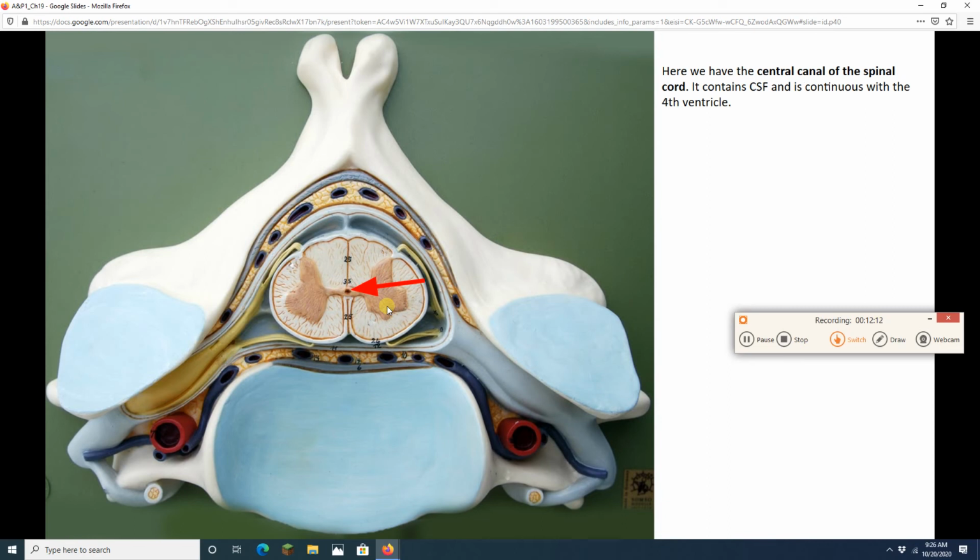In the center of the gray commissure, we have the central canal of the spinal cord, which is going to come up and connect to the fourth ventricle. Right here we have the dorsal root. This is a big bundle of axons that is going to make its way into the dorsal horn. So the dorsal root is a collection of sensory axons going towards the dorsal horn of the spinal cord.